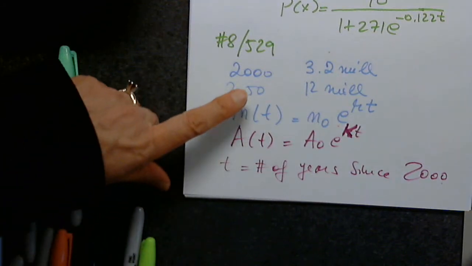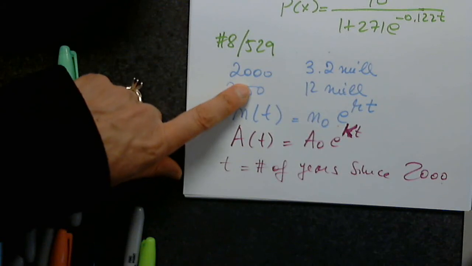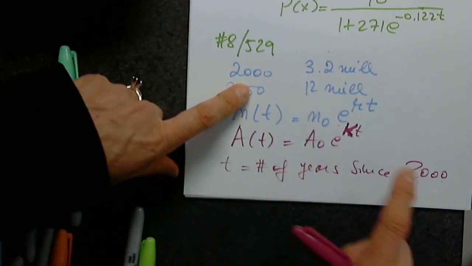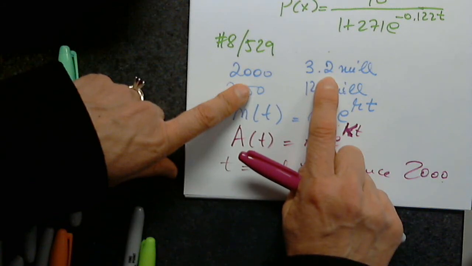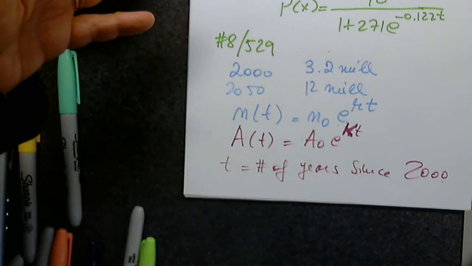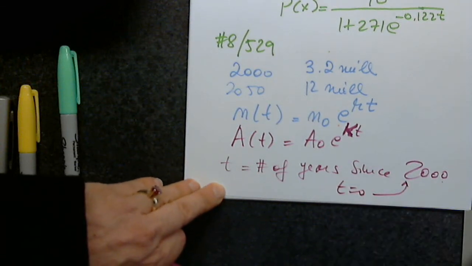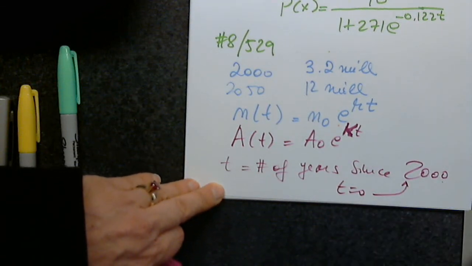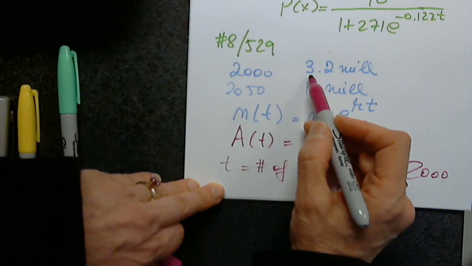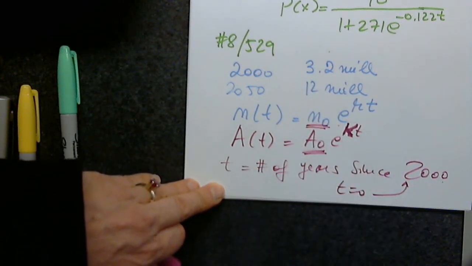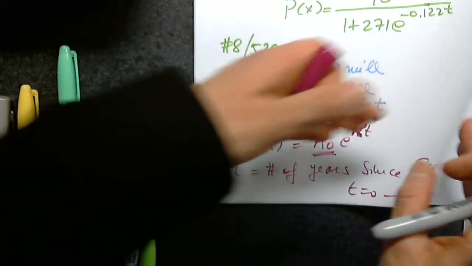So we are told that initially in year 2000, t years, number of years since 2000, the population was 3.2. So when t equals 0, because t equals 0 for the year 2000, the initial population is 3.2. So I know this or this, whichever model you want to use.